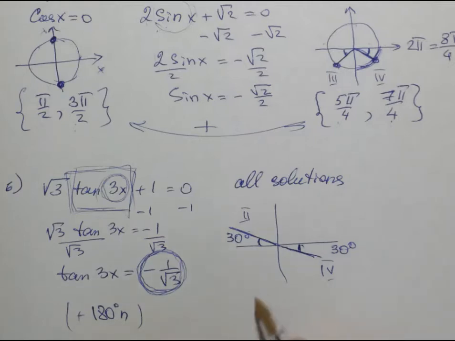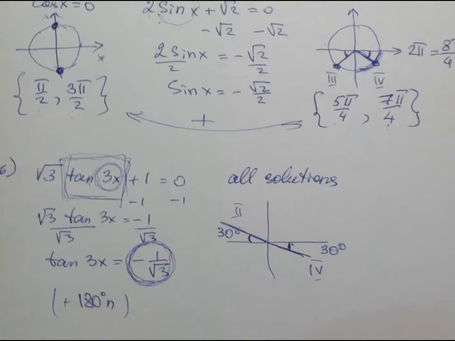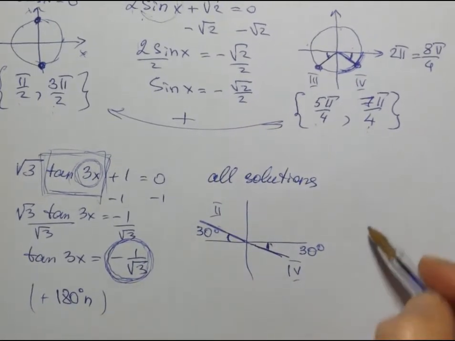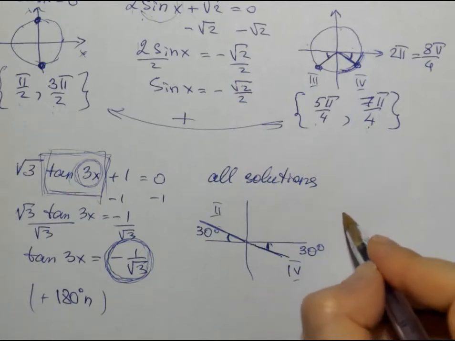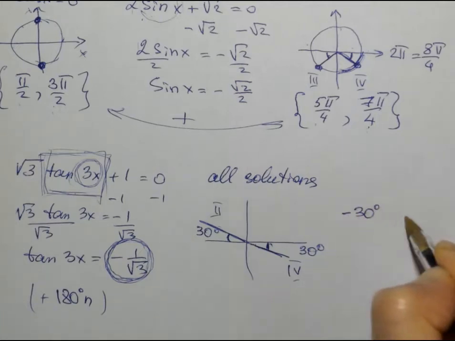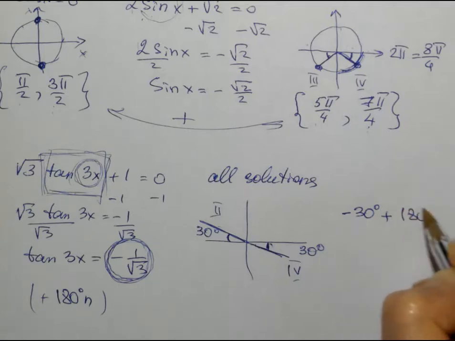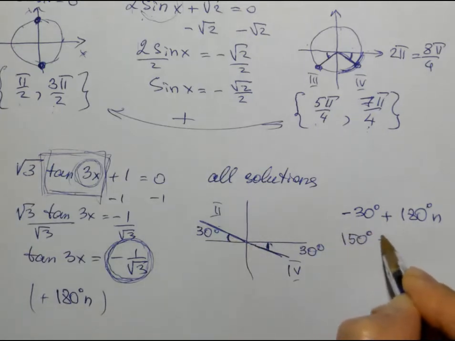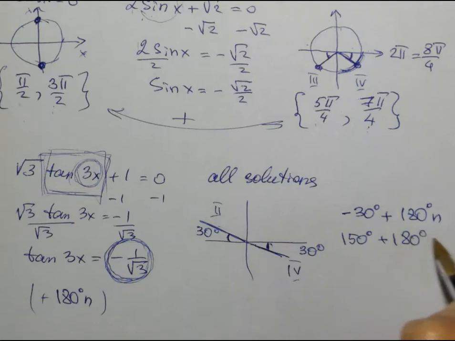And then we have several ways to write the answer. Since we solve for all solutions, we can write that it is negative 30 plus 180 degrees times n, or we can write 150 plus 180 times n. n is any integer.